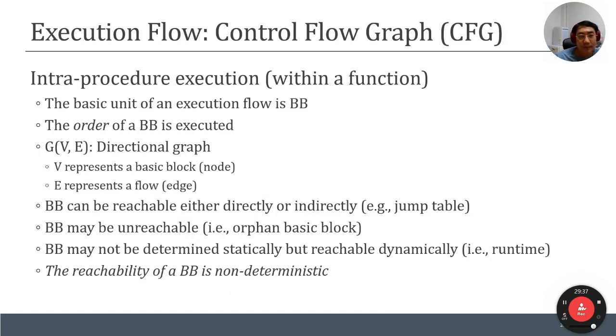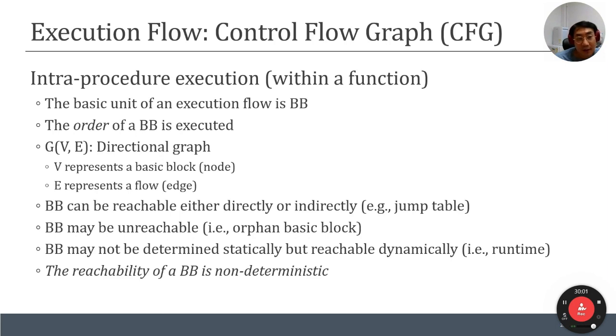Execution flow, here control flow graph. So the control flow graph is the intra-procedure execution within a function. As I said, the basic unit of an execution flow is the basic block, and the order in which the basic blocks are executed.